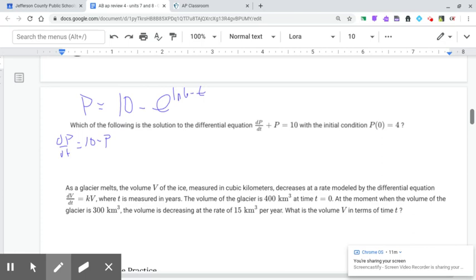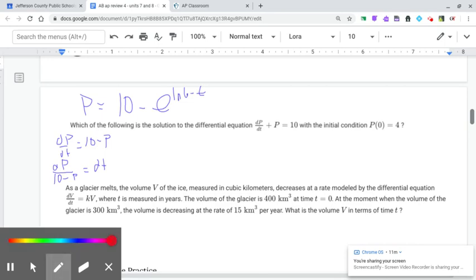Now, if I want the p's and dp's together, I guess I could divide that whole thing over, dp over 10 minus p, and multiply the dt back, yeah? Quality use of time. I hope that you didn't just slap log of 10 minus p over there, because it's more complicated than that.